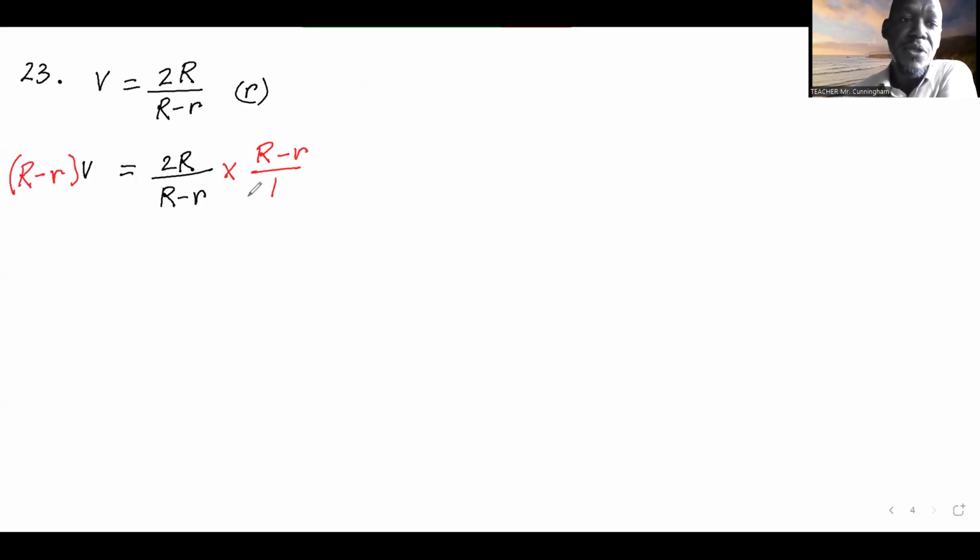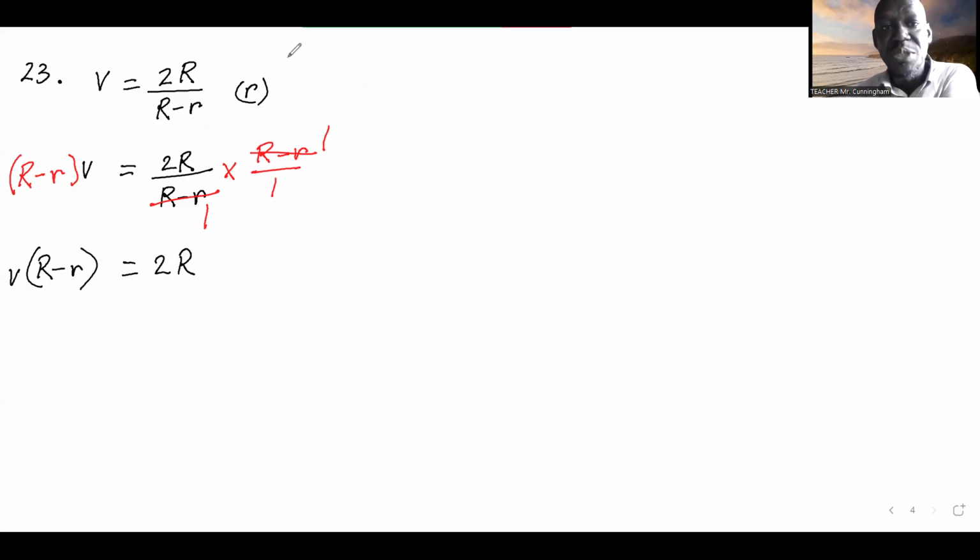All right? So this into 1, this is 1. Right? So now I'm left with 2R equal to V, open brackets, R minus common R, close bracket.